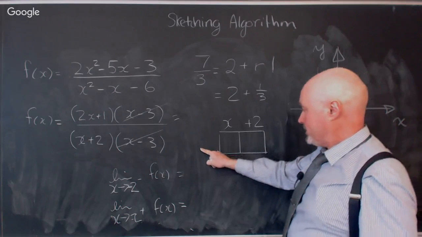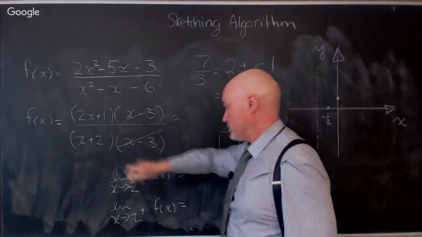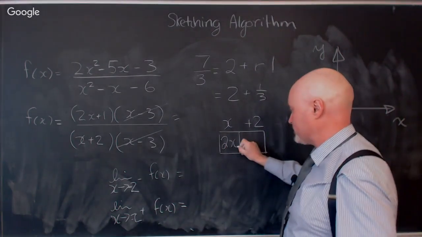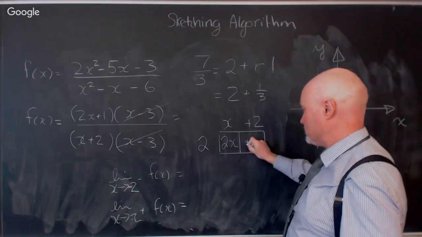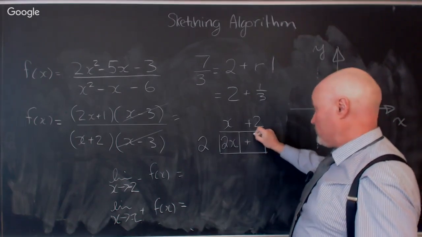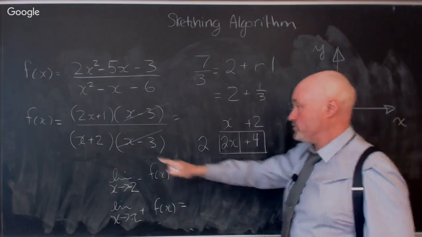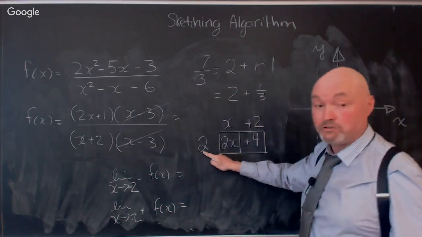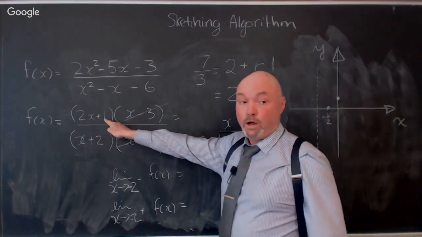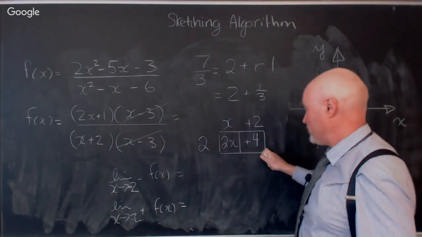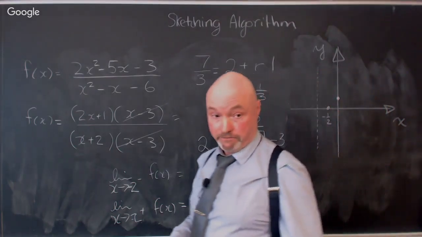So I have to multiply x plus 2 by something in order to get 2x plus 1. And so there's a 2x goes in there, which means there's a 2 there, which means there's a plus 4 there. Okay. So I know that x plus 2 goes into 2x plus 1 2 times, but I only have 1 here. Here I've got plus 4, and so I know I have a remainder of negative 3.